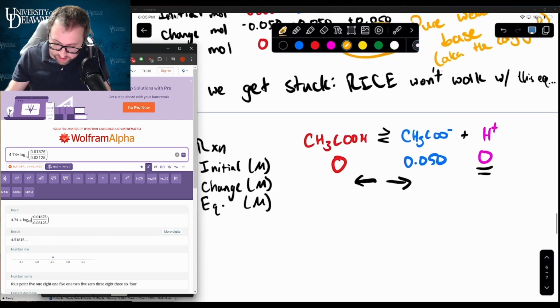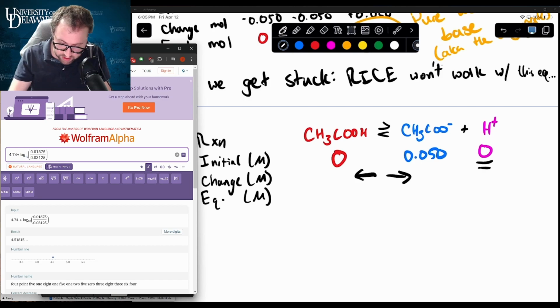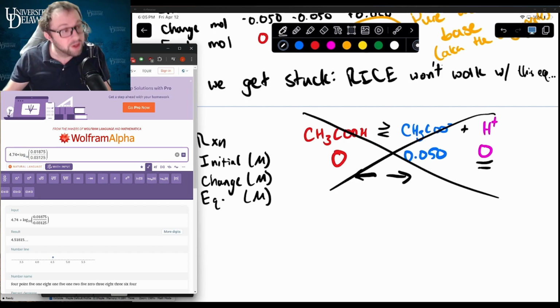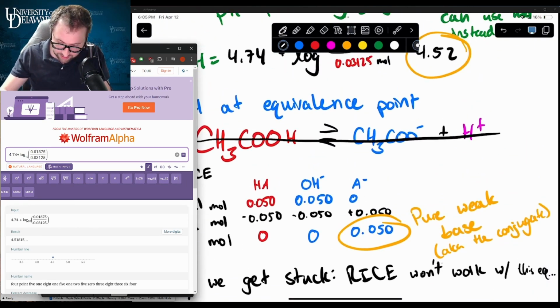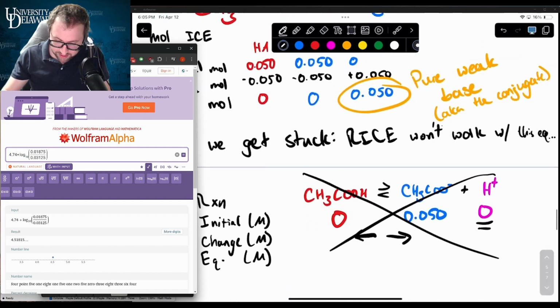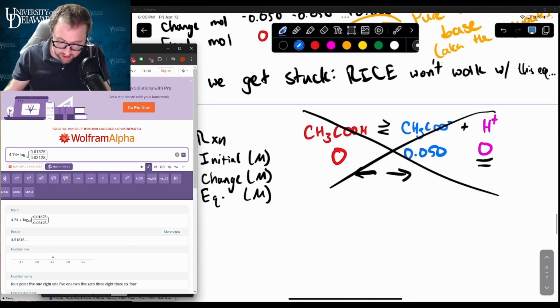So this equilibria is worthless to us. We don't care about this anymore. We want to talk about what happens when we have a pure base.